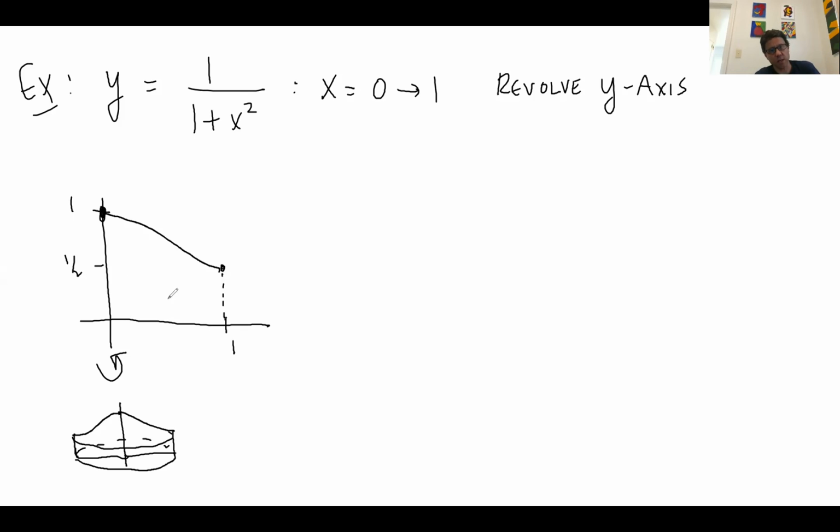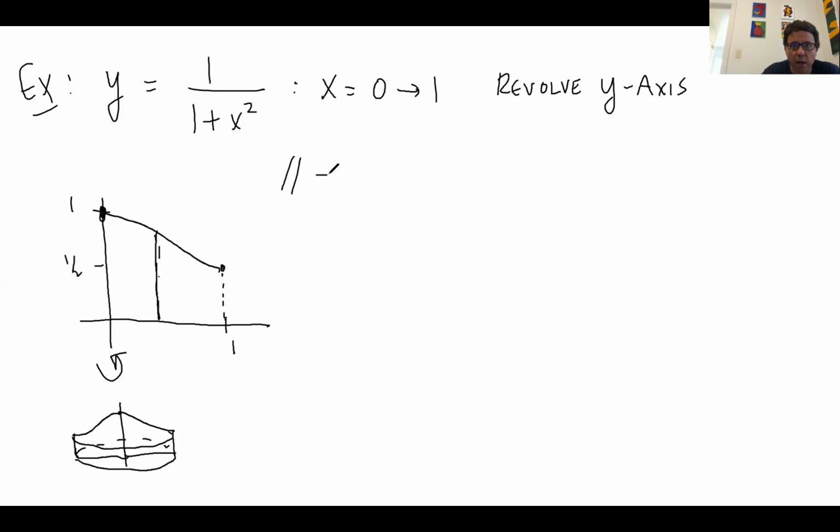So instead of thinking right-left, we want to think up-down, because we only have one top function and we only have one bottom function. That makes things a little bit nicer. And if we do that, this thinking here up-down is parallel to our up-down axis that we're revolving it around.